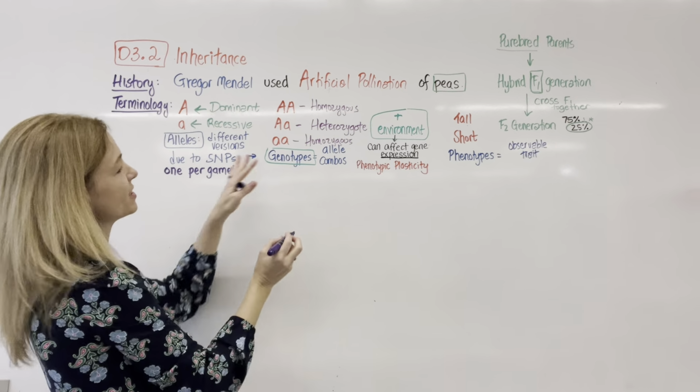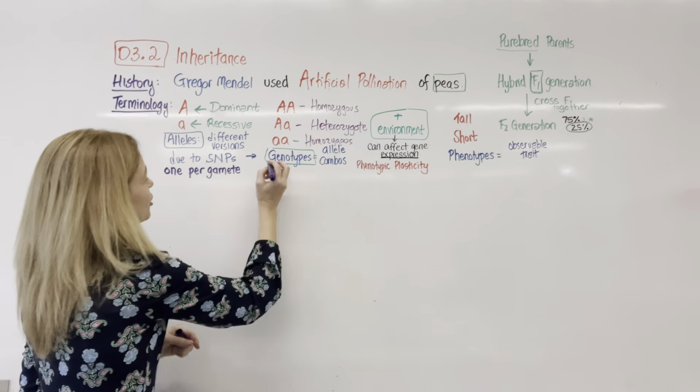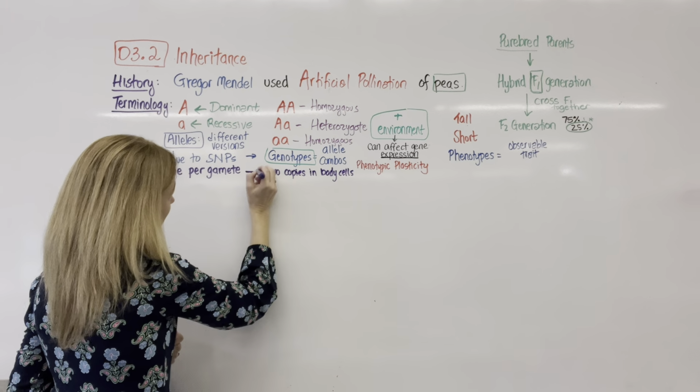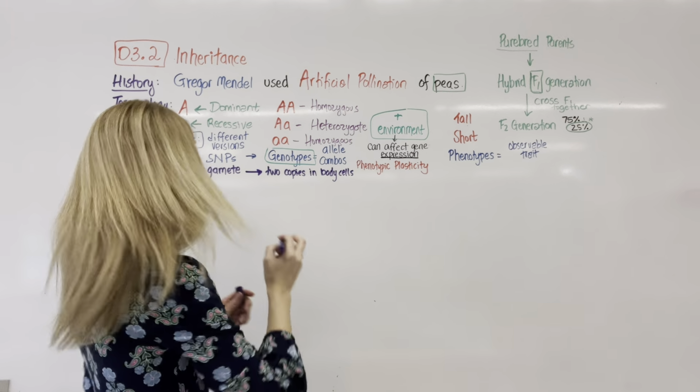And then, of course, there are two copies in diploid cells. There are always two alleles in the diploid cells, which is what gives you a genotype. So one in gametes, two in the actual cells post-fertilization.